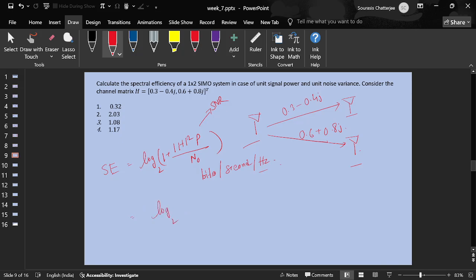And what we are getting here: log base 2 of 1 plus absolute value of H square, that is 0.3 and 0.4, that makes it 0.5 squared, plus 0.6 and 0.8, that is 1.